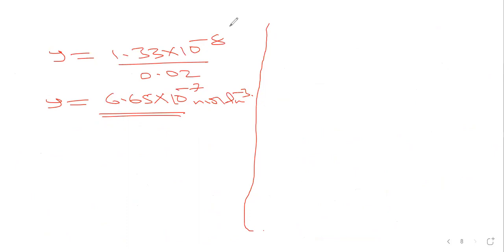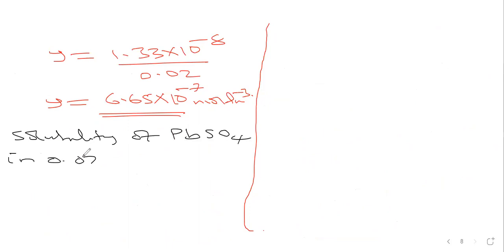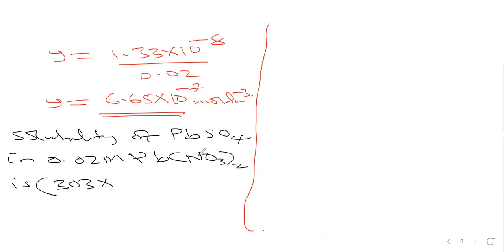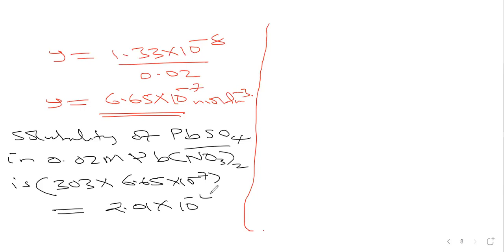So you conclude by saying the solubility of lead 2 sulfate in 0.02 molar lead 2 nitrate is 303, which is the molar mass of lead 2 sulfate, multiplied by 6.65 times 10 to the negative 7, which gives 2.01 times 10 to the negative 4 grams per liter.